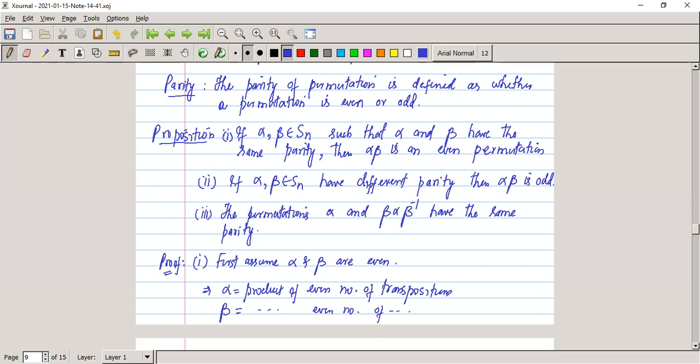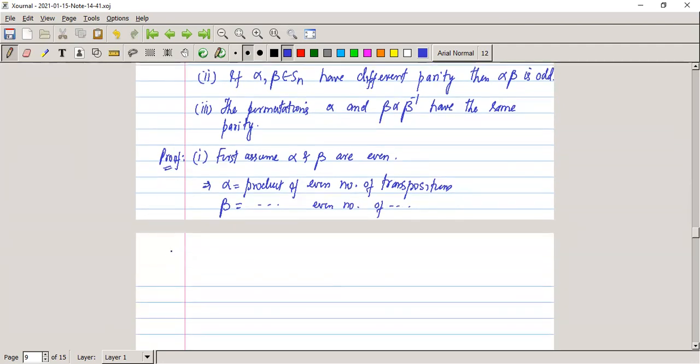Therefore alpha into beta will be equal to, suppose the number of transpositions here is 2m1 and the number of transpositions here is 2m2, whatever the integers m1 and m2 are, then alpha into beta will be equal to a product of 2m1 plus 2m2 transpositions.